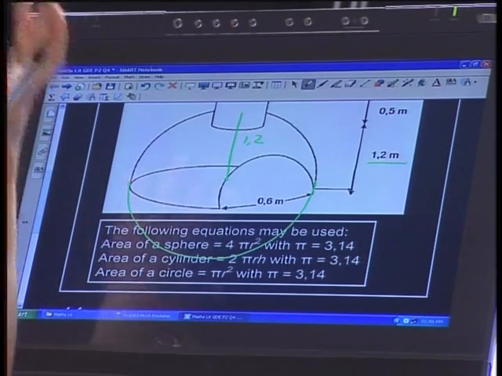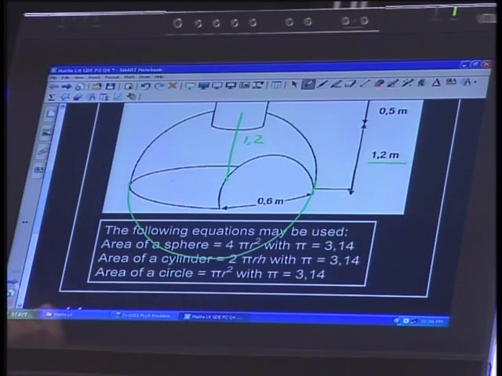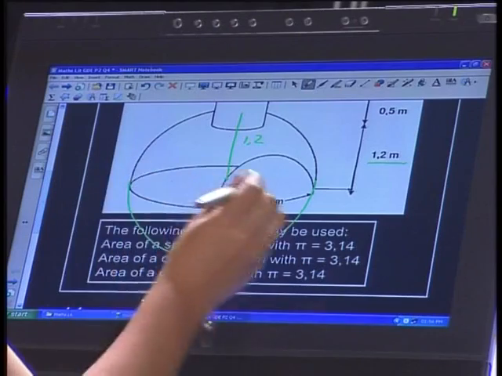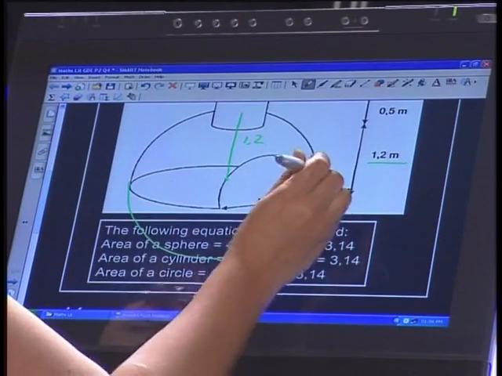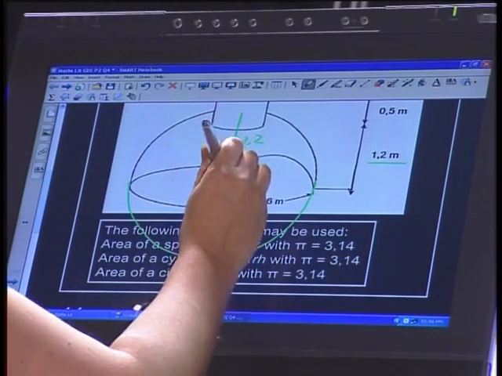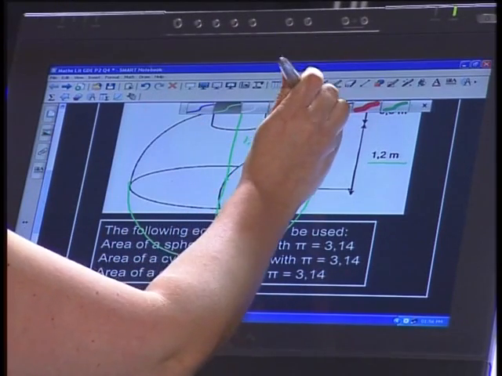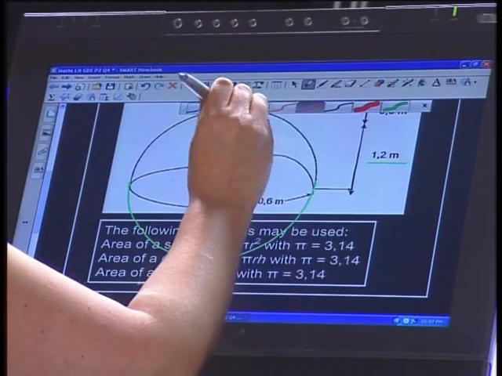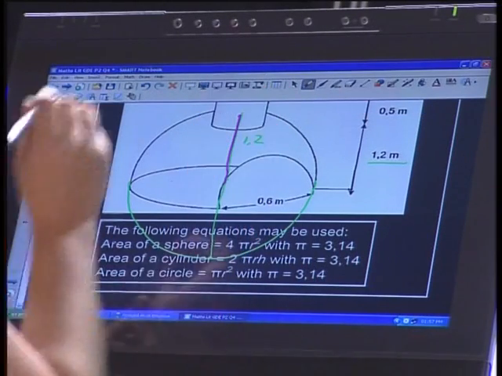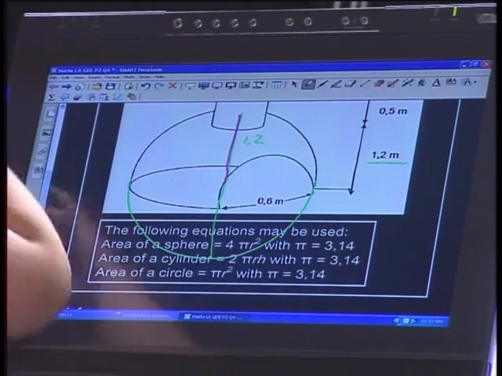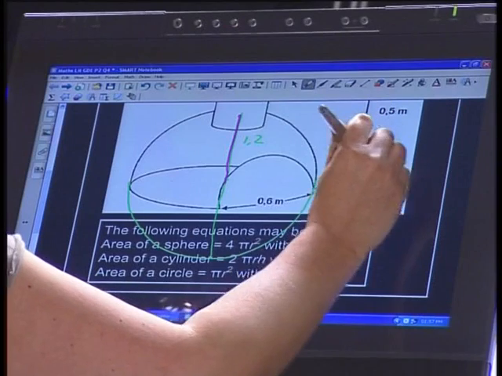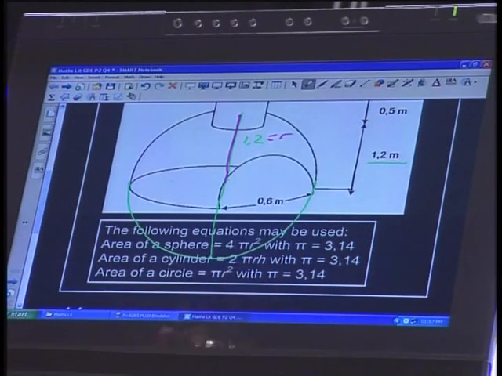Is that the diameter or is that the radius of the sphere? I think it's the diameter. You think it's the diameter. My diameter would go right through my entire sphere. Can you see that that would be the diameter? But in actual fact, I only have half of that. I've got from the ground going up to the top. So can you see that my 1,2 is in fact my radius?